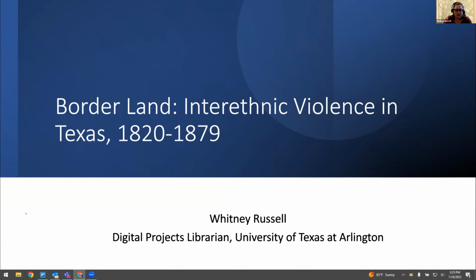And so what he did is work with various people in the libraries to create a GIS map to show where these incidents were happening, and then attach items to those different locations that gave the picture of who was telling the narrative and what the outcomes were and the people involved and different things like that.